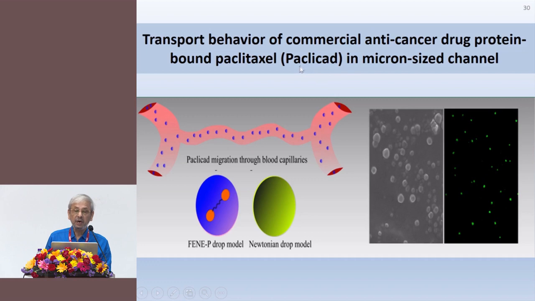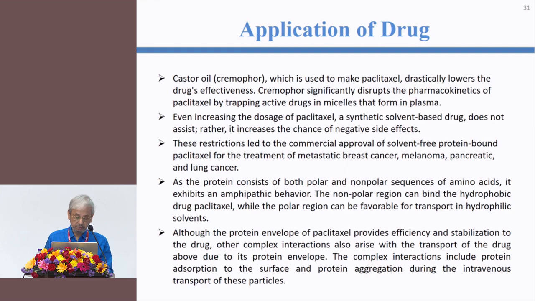What we get here is Paclicad, and this is a flow of Paclicad particles, bright field image, and again basically a microscopic image. And I'll come to that part slowly.